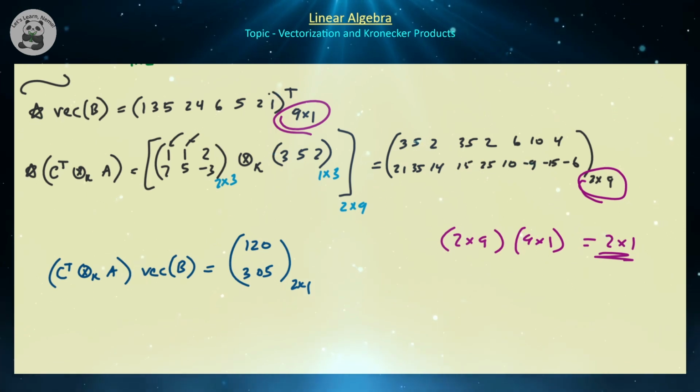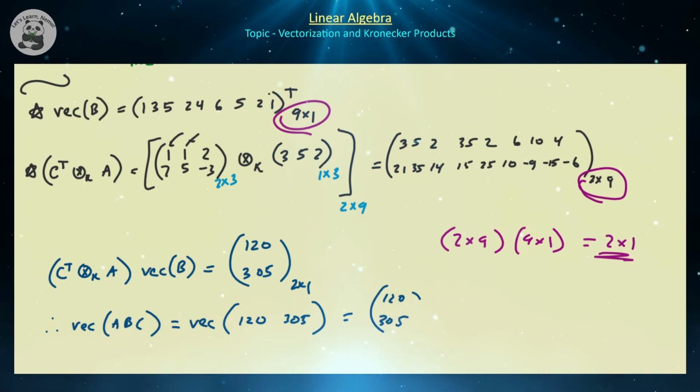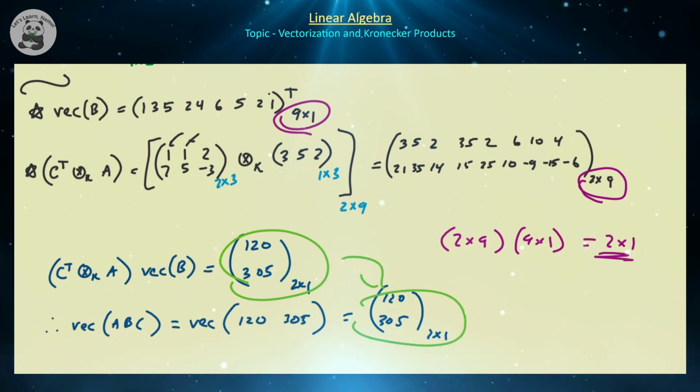So do those things look the same? Well, it should. If we look at the vectorization of ABC, which is the vectorization of the matrix 120, 305, that's going to be equal to 120, 305, which is also a 2 by 1 matrix, and that's actually the same matrix as here, which is pretty neat, right?